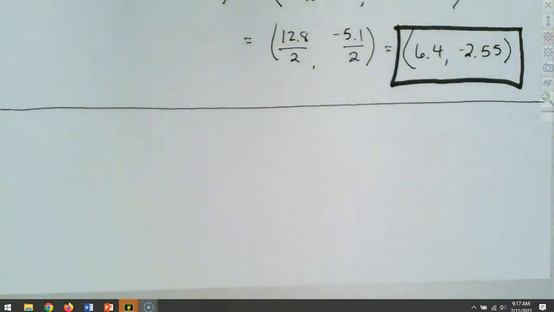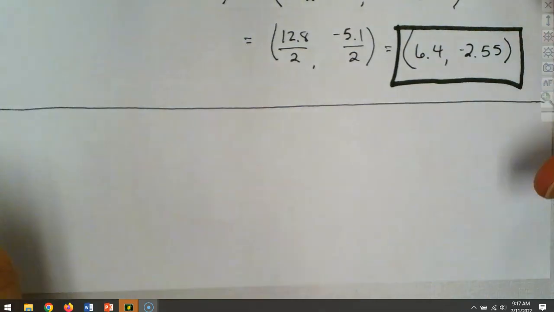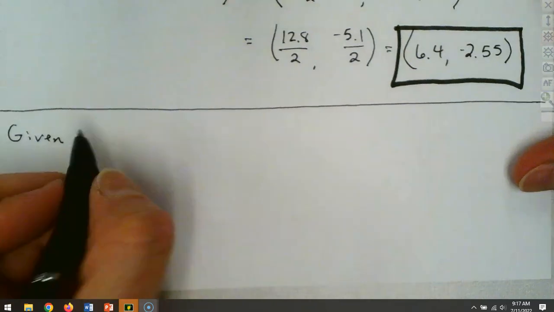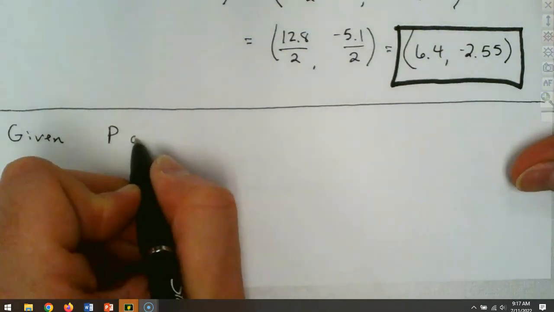Now we can also work backwards. I can give you an endpoint and a midpoint, and you're going to have to go back and find the other endpoint. So we're going to be given P and the midpoint.